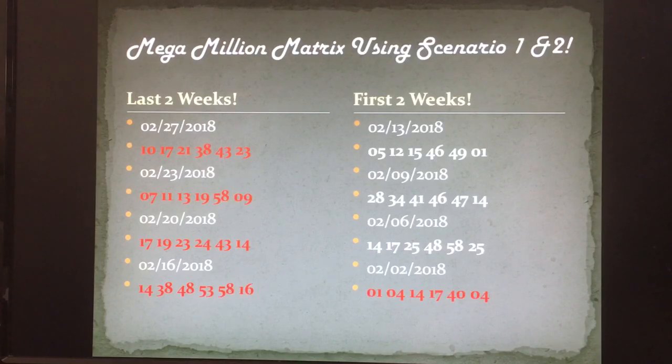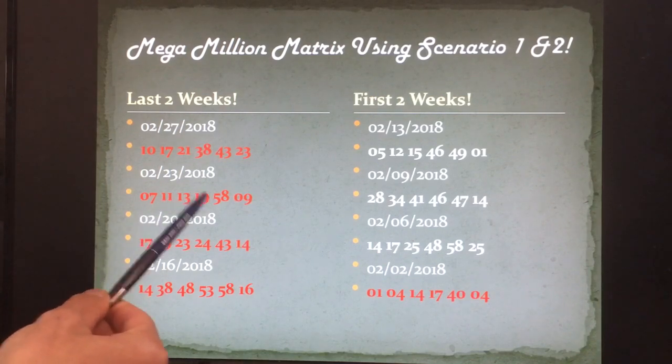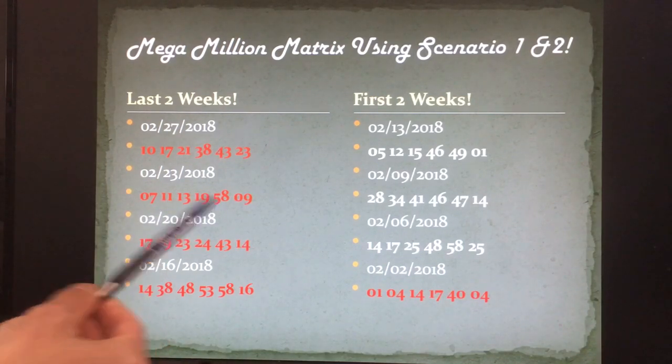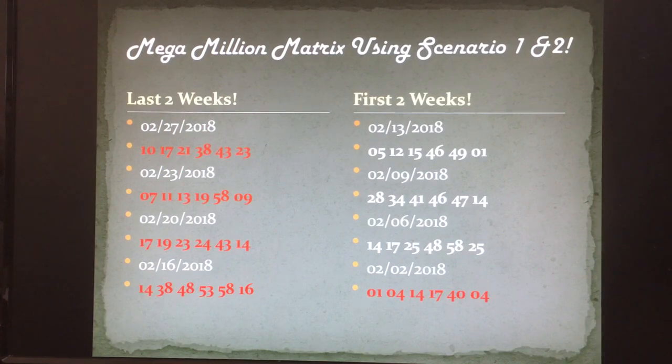Now let's see which draws from February are all odds or all even. Now, as you can see from the results, 7, 11, 13, 19, and 58 were all white balls.